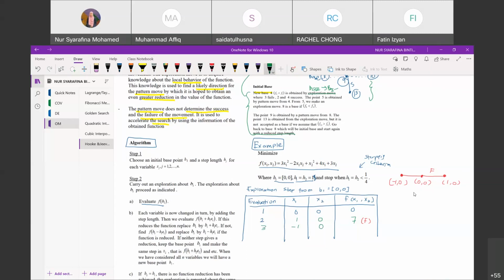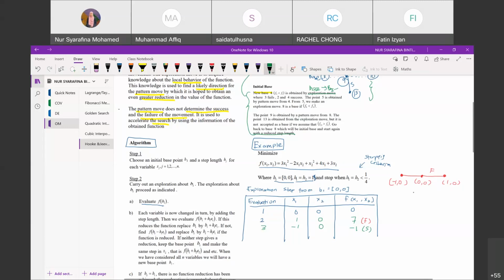What is our f? f is minus 1. So from 0, 0, minus 1 is downside, right? Consider it a success. So when it is a success, then we go upside.